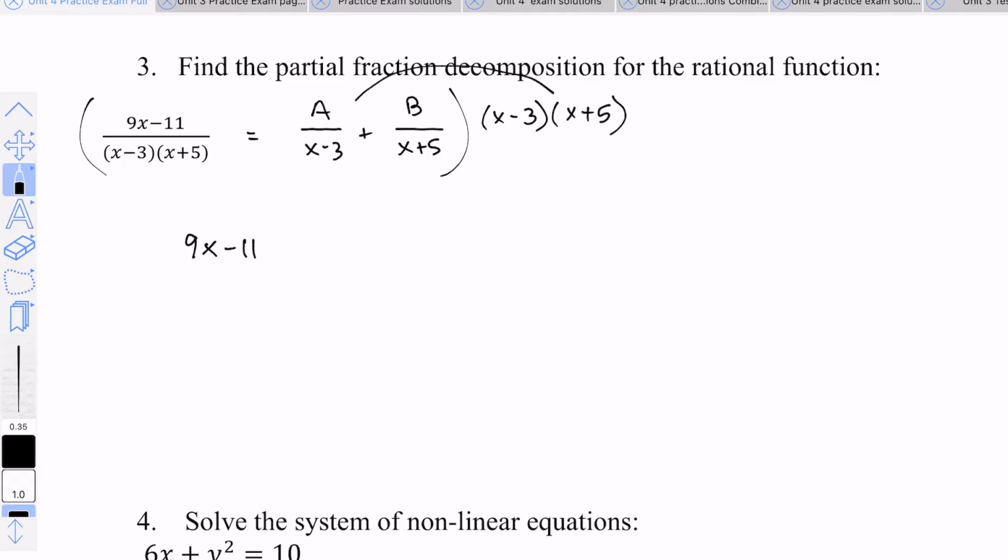When we distribute to the A partial fraction, the x minus 3's are going to cancel, so then A would multiply with x plus 5. And then when it multiplies to the B partial fraction, the x plus 5's would cancel, so then B is left multiplying the x minus 3 factor.